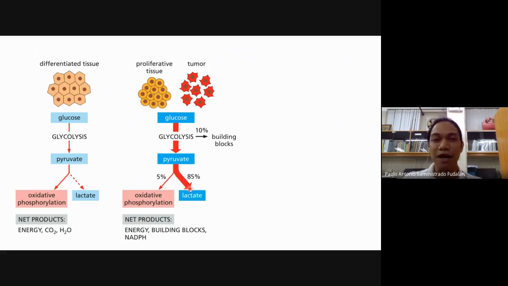So maybe you've heard about people diagnosed with cancer who are not allowed to eat sugar, because sugar is the one feeding this glycolysis process, right? And cancer cells prefer that. That's why when a person is diagnosed with cancer, they are not allowed to drink milk, because milk also contains sugar, or anything sugary. It's prohibited in their diet.